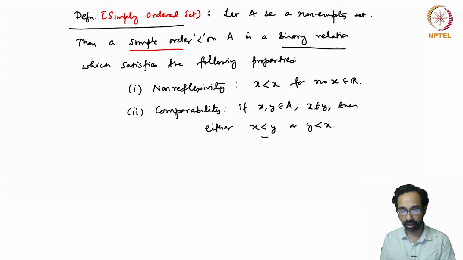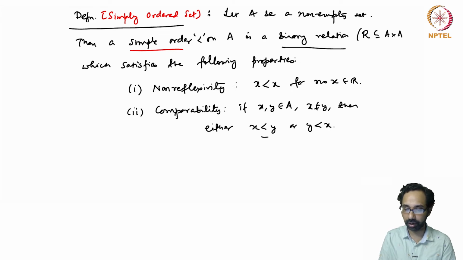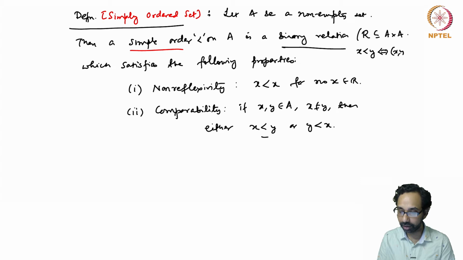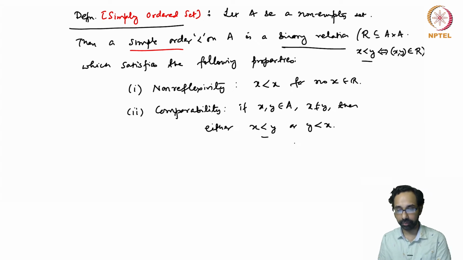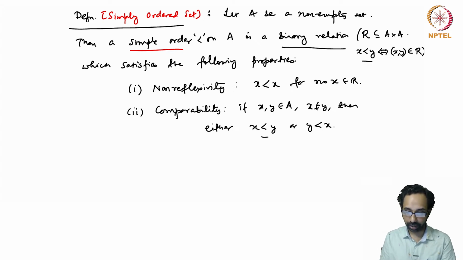So our binary relation is a subset R of the Cartesian product, and we write x less than y if and only if the point (x, y) belongs to R.